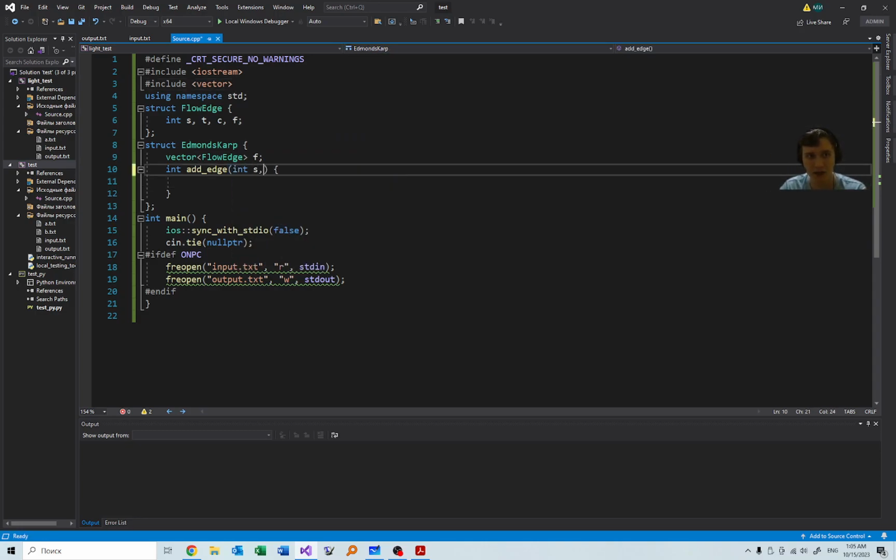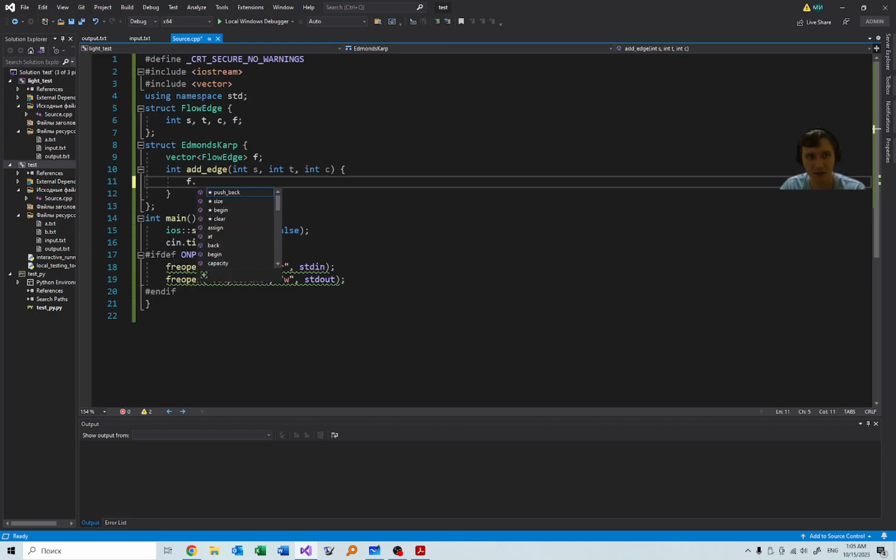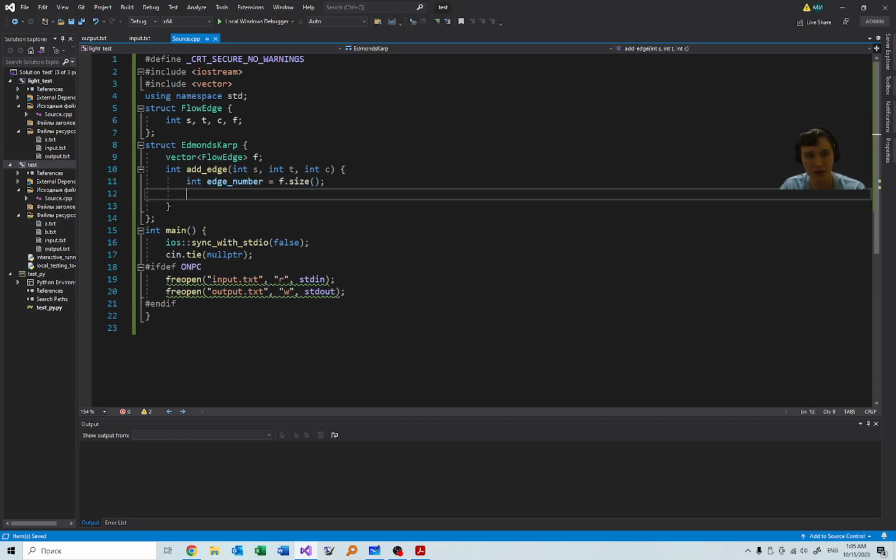So int start, int finish, int capacity. We say that f dot size is the number of the new edge. Then we f dot emplace back.